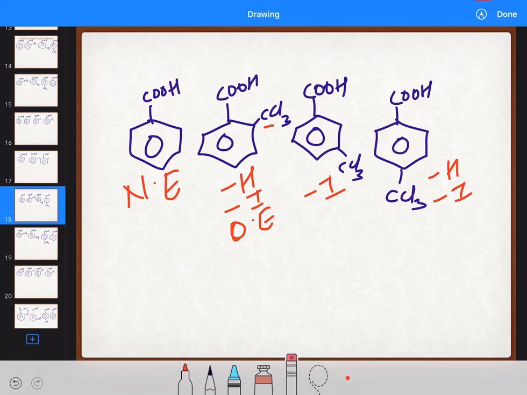Now we have to remove ortho effect and apply the rest of the effects. All these three have minus effect. It means their stability will be more than the first one, benzoic acid. Okay, then the first one is going to be last.